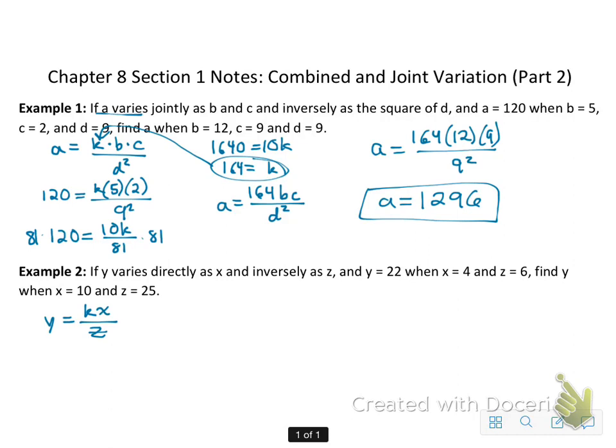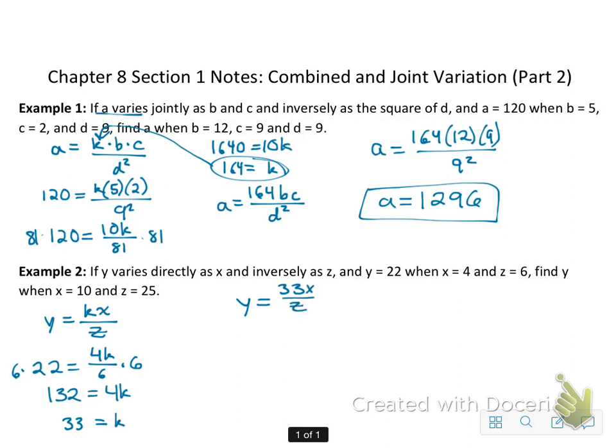Now we plug numbers in because we need to find k. So 22 equals 4k over 6. Well, if we multiply both sides by 6, that means 132 equals 4k. Divide by 4, and k equals 33. Which means that our equation is y equals 33x over z.